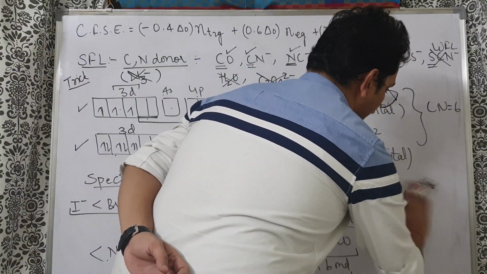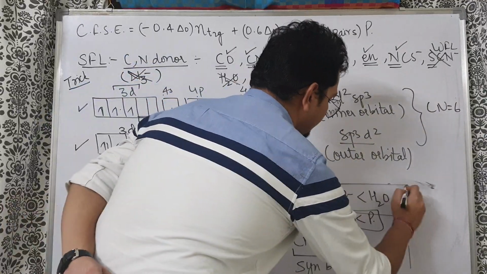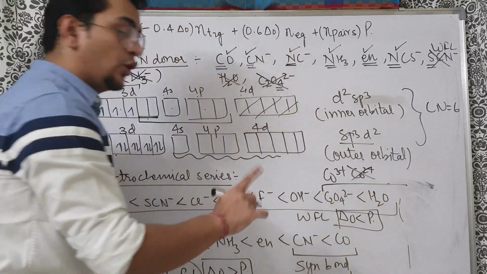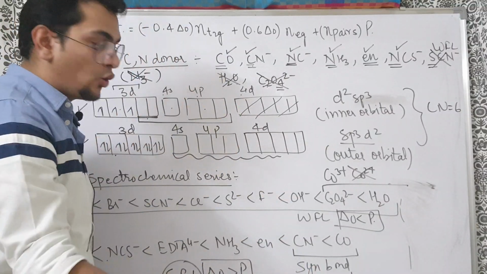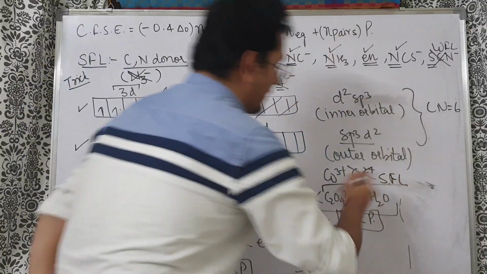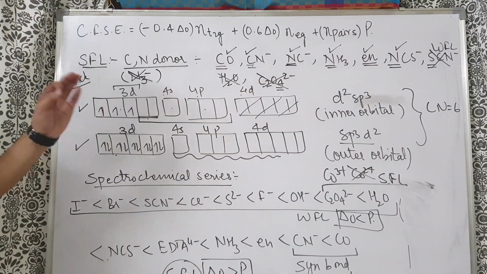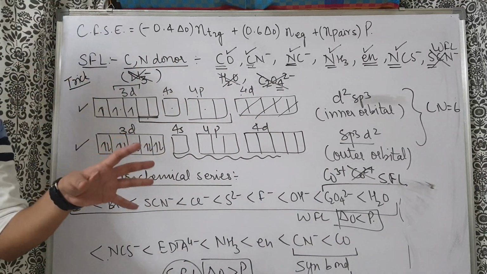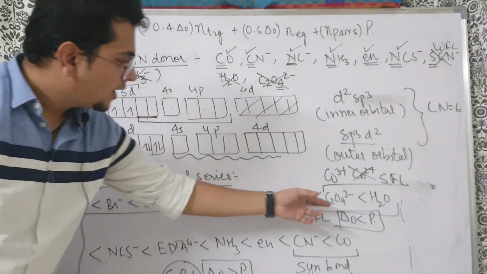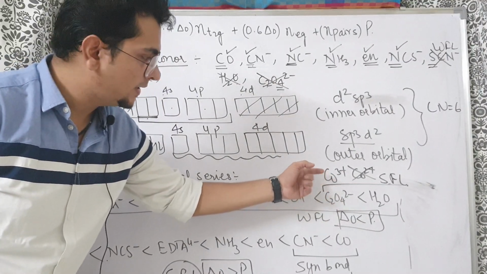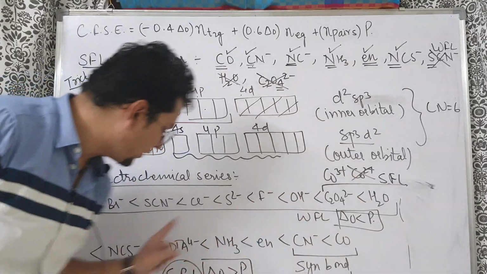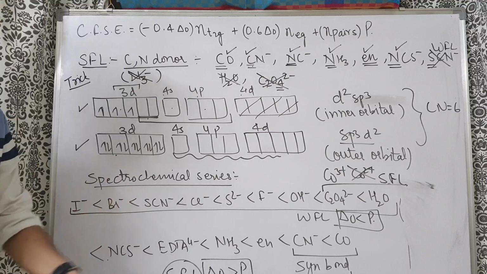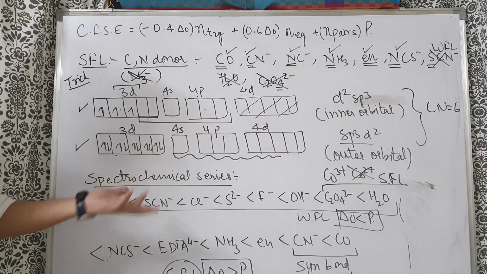But one exceptional case comes here, keep this in mind. For cobalt 3+, only cobalt 3+, remember it's not for cobalt 2+, nothing else, only cobalt 3+, from here onwards you have strong field ligands. For every other central atom, any charge, NCS- to CO are the strong field ligands. But for Co3+ only, oxalato onwards are the strong field ligands. That means EDTA 4- is a strong field ligand for everyone.